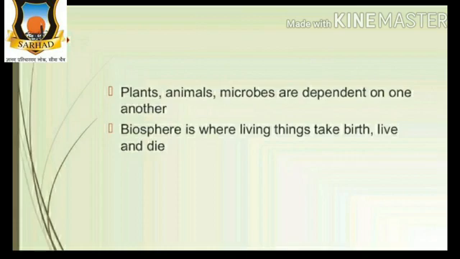Means all the living things, animals, plants, and microorganisms, are all dependent on one another. Also they depend on the spheres of the earth, that are lithosphere, hydrosphere, and atmosphere. And the biosphere consists of all these three spheres. The biosphere is where the living organisms take birth, live, and die.